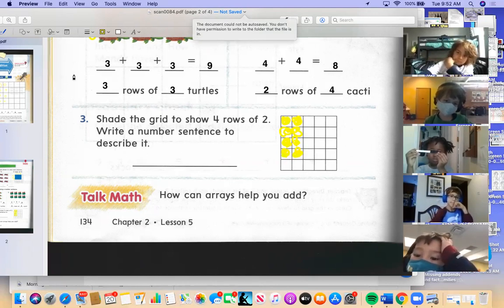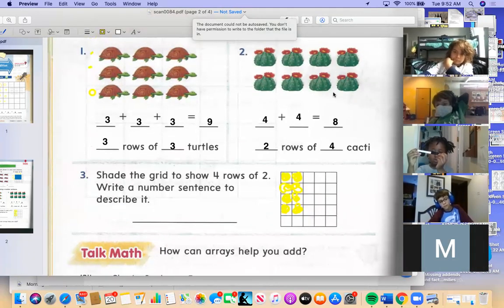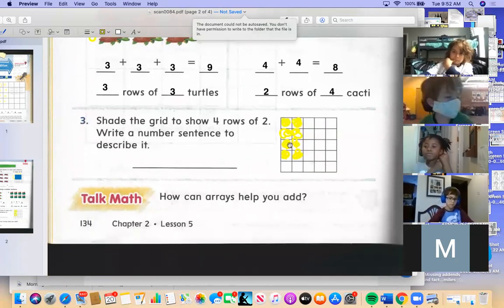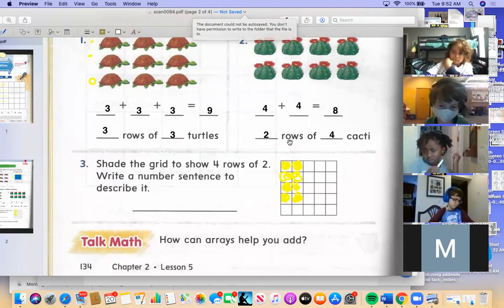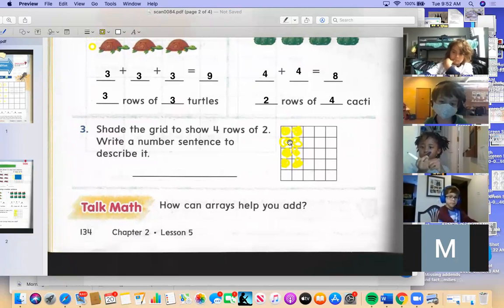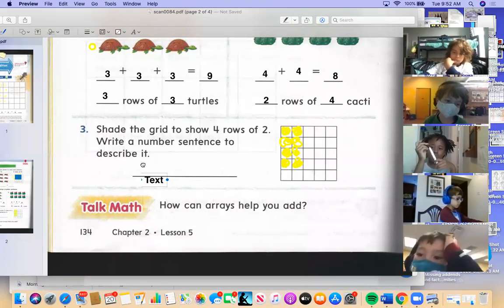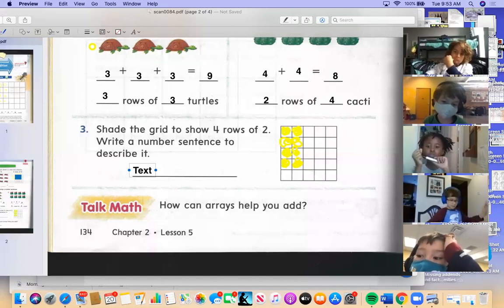How can we write a number sentence to describe this? Number sentence, like above. We can see the answer is 8, but what can our number sentence be?